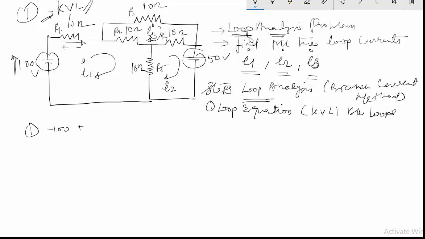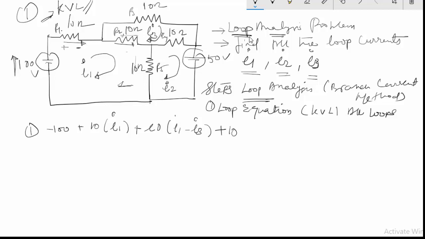So again here it's 10 and I1 is the current here, so that's a voltage drop, and I'm coming to this resistance. The current I3 is flowing in this way and the current I1 is flowing in this way. So it will be 10(I1 minus I3) plus, again I am coming this way to complete the loop.